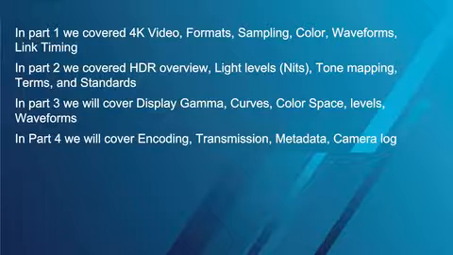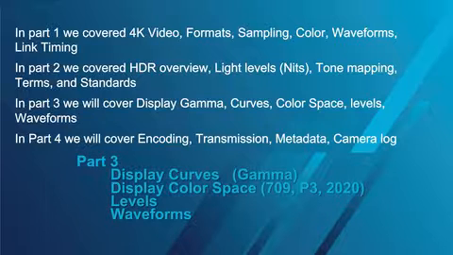In this part, we'll cover display gammas, curves, color space, levels, and look at a little bit on waveforms. So we'll look at display curves, gamma, talk about gamma a little bit, and look at color space in 709, P3, 2020, and a little bit about HDR levels and waveforms.